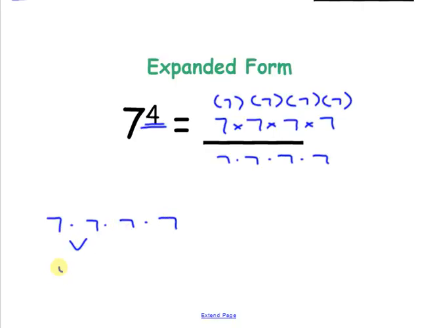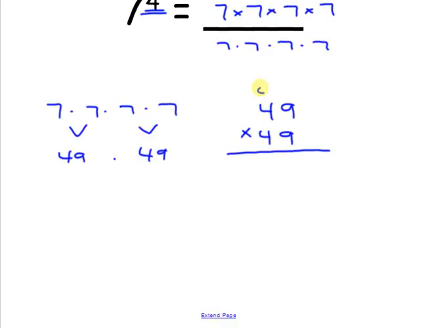Well, 7 times 7 is 49, and 7 times 7 is 49. So what's 49 times 49? Let's go ahead and solve that. 9 times 9 is 81. 9 times 4 is 36. 36 plus 8 is 44.